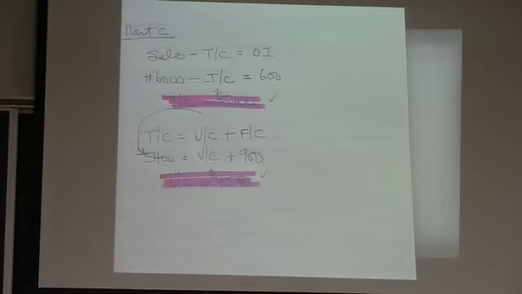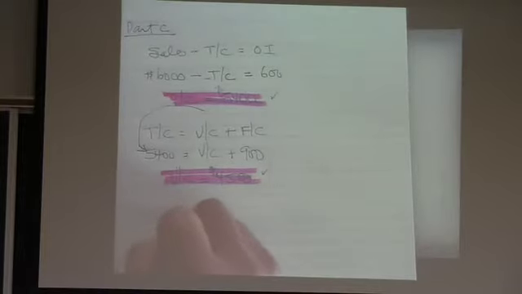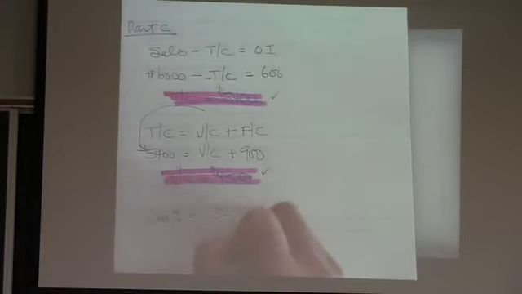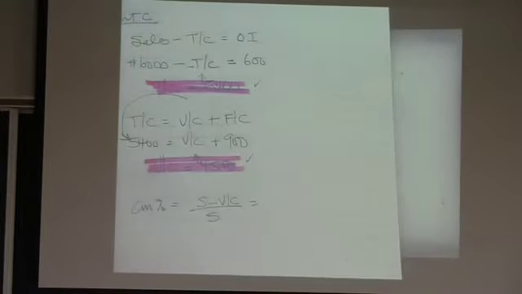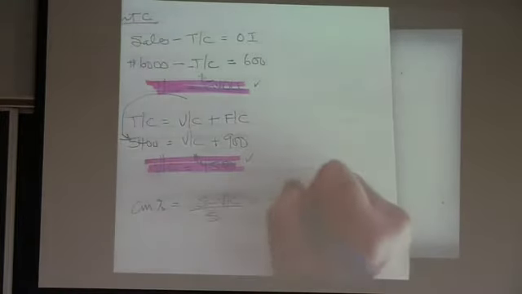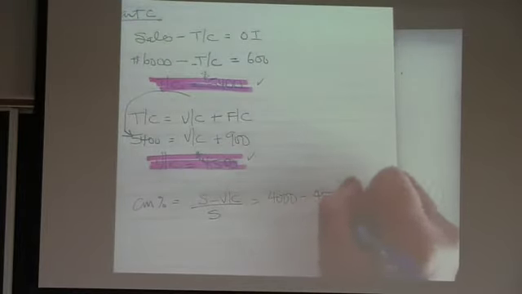Now, once we've got the variable cost, we can determine the contribution margin percentage. So contribution margin percentage equals sales minus variable cost over sales. Do we know sales? Yes, we do. Variable cost we just calculated.